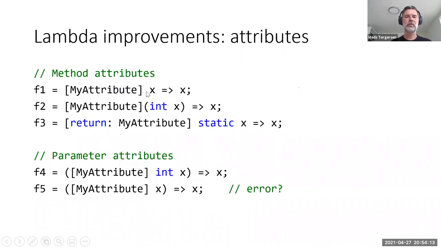Attributes on Lambdas: you can put all kinds of things on Lambdas, like static. Why not be able to put attributes on them as well? And I should say that these Lambda features are ones that we've been eyeing for a while.